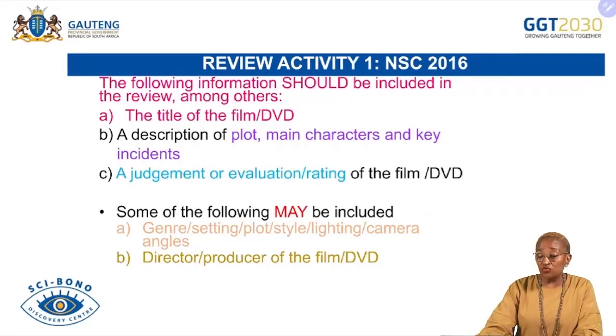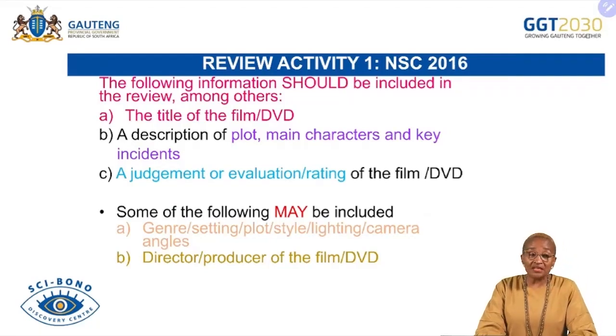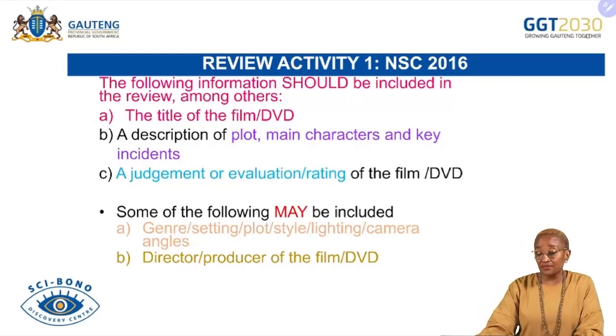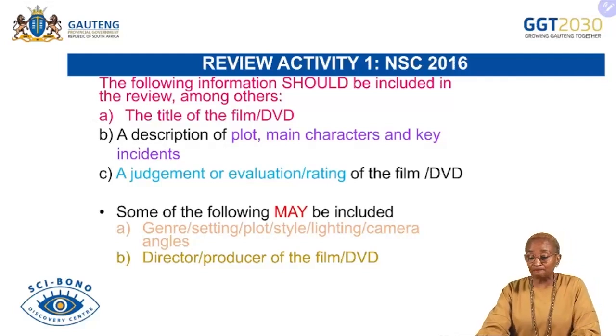And the following information should be included in the review, among others. The title of the film or the DVD. Number 2, a description of plot, main characters, and key incidents. The third one, a judgment or evaluation, the rating of the film or the DVD.